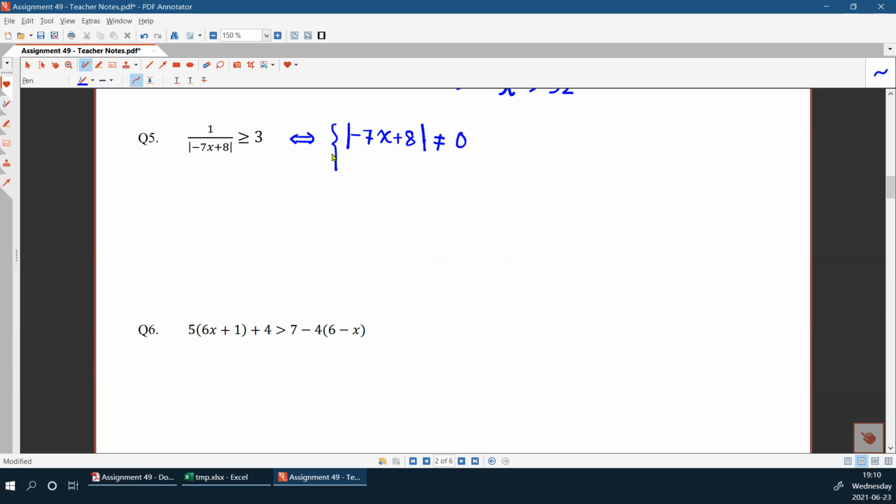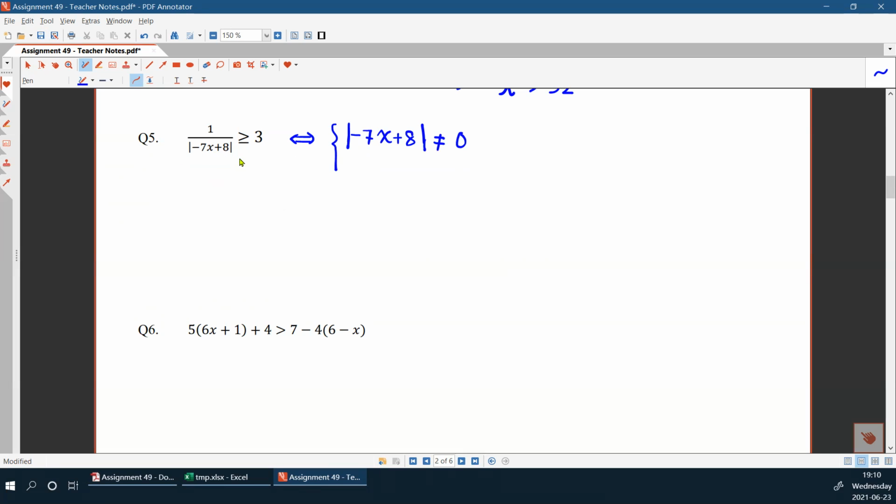So as long as you ensure that the denominator is not 0, that means the absolute value of -7x plus 8 must be positive, right? Because the absolute value of any number cannot be negative. Okay, so we know that this expression is positive.